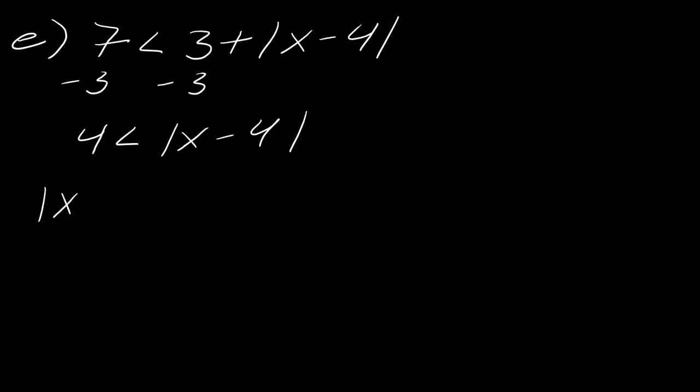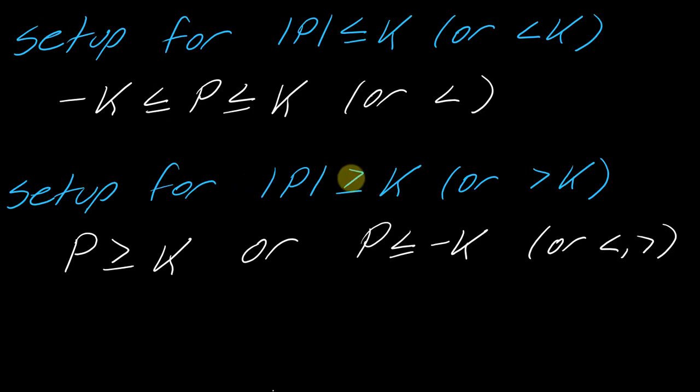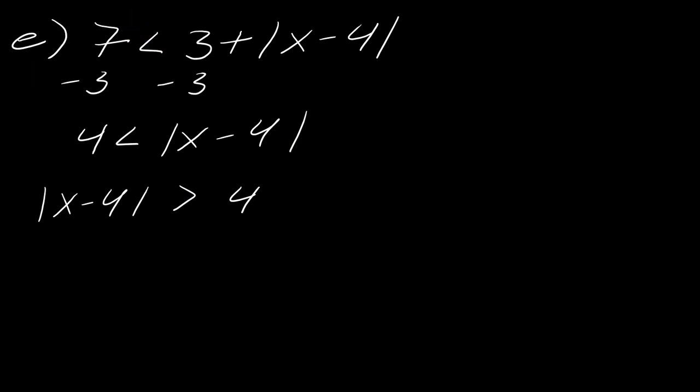Okay, so in this case, I've got the absolute value of x minus 4, and our inequality is eating the absolute value, so we will maintain that. And then this is a greater than. So when it's greater than or equal to or greater than, I use the or case. So this is why this sheet is so important, having this written down to help you get through this.